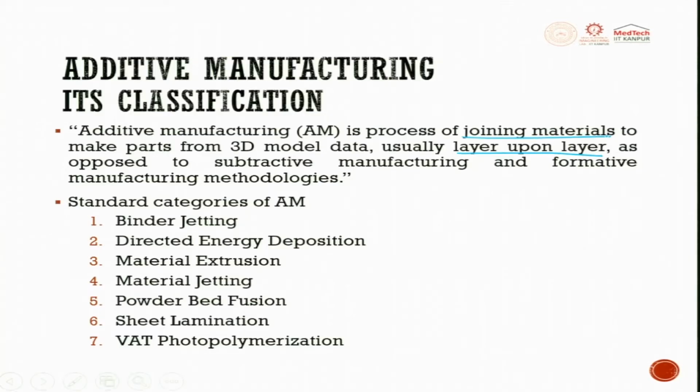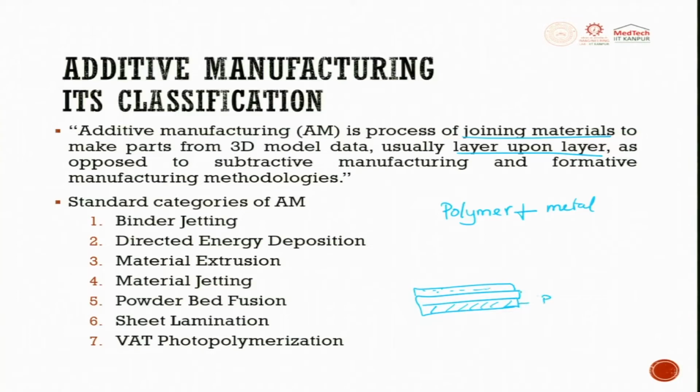Is it necessary that I choose only polymer? No, you can also have a polymer and metal hybrid manufacturing process. For example, you can start doing functionally graded material. One layer of polymer, one layer of metal, and one layer of ceramic can be done.